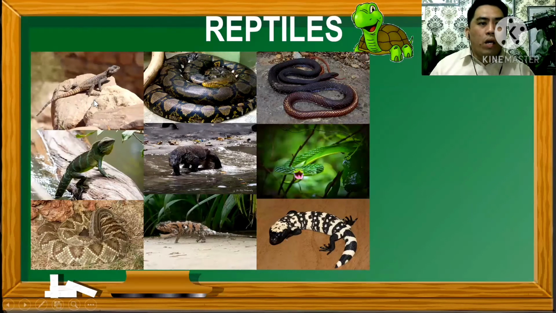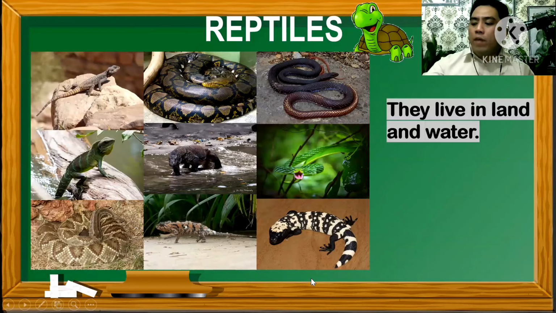Okay, so we have here iguanas, snakes. We have here the Komodo dragon. Another example, another snake, iguana, and of course, a lizard. Okay, so based on the picture, class, in what place do reptiles live? Okay, very good.